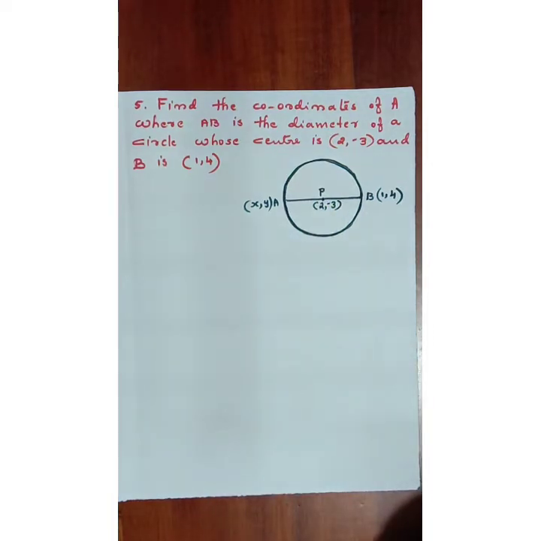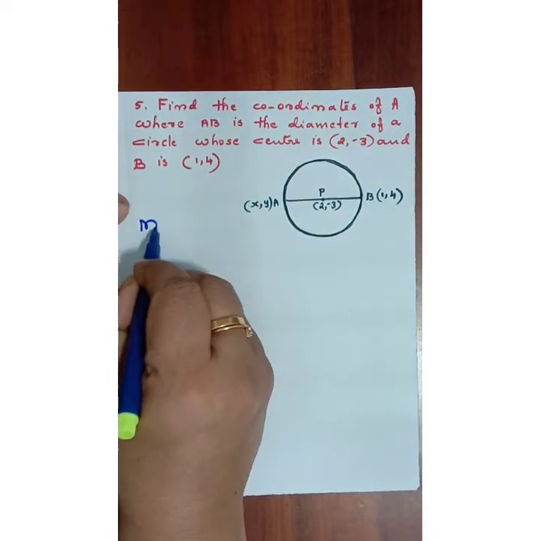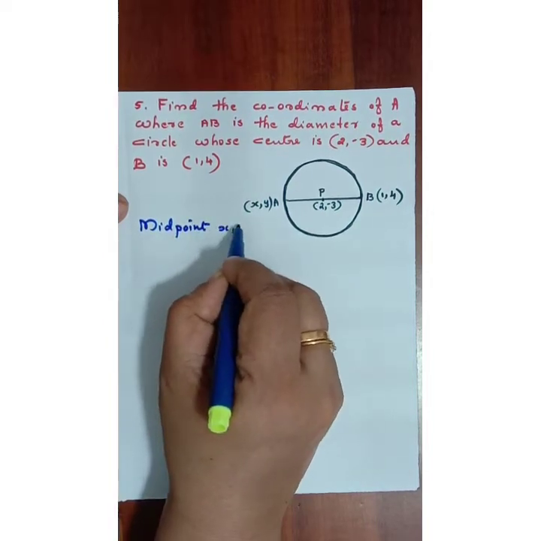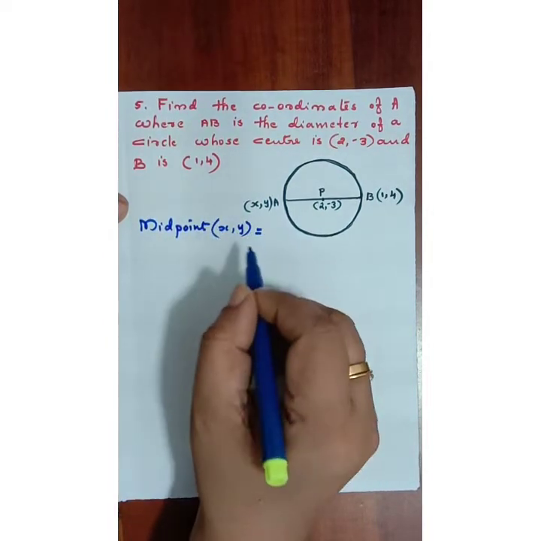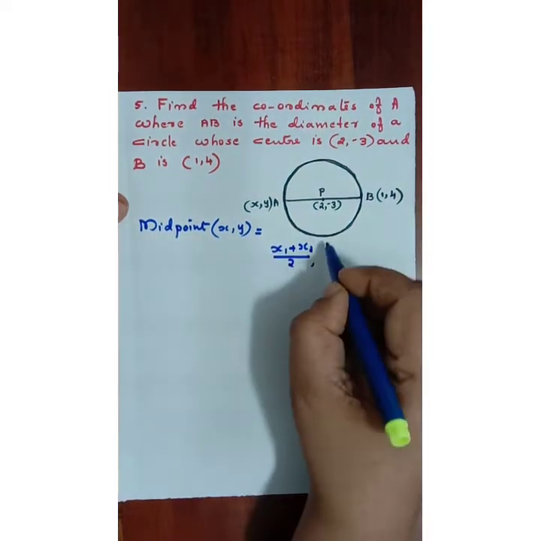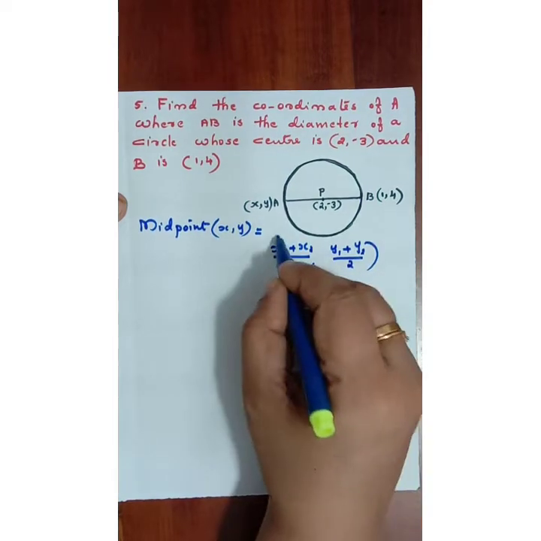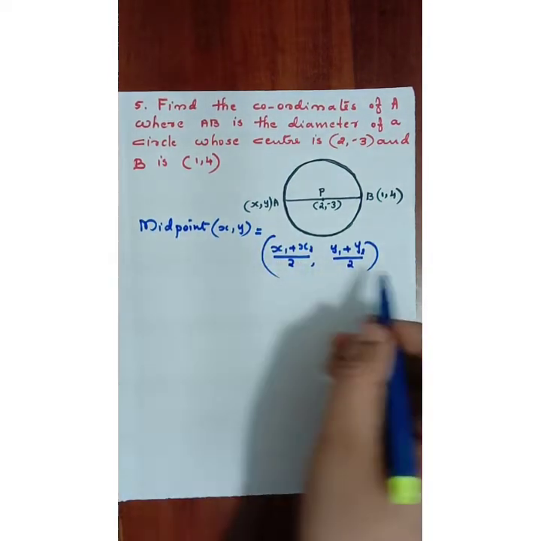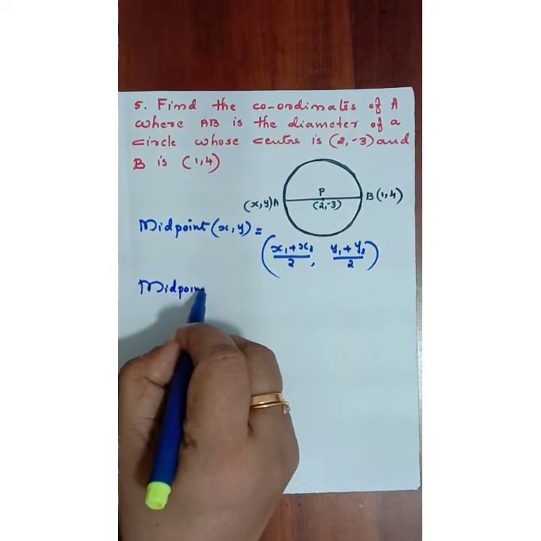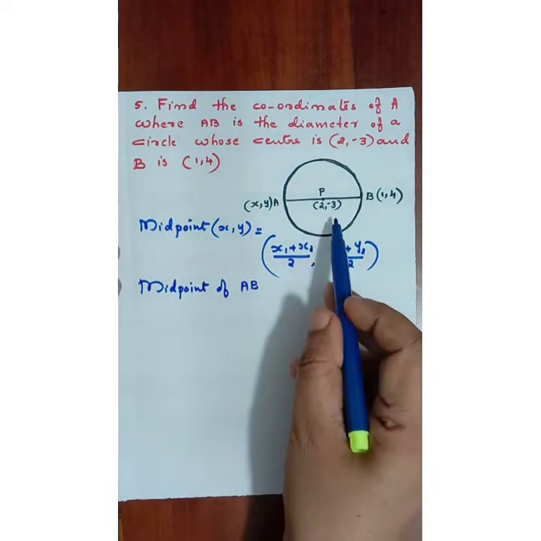So, how do we start? Here, we have to write the midpoint formula first. Midpoint x, y equal to, what is the formula? x1 plus x2 by 2, y1 plus y2 by 2. Okay. So, the midpoint of AB here we are going to find out. What is the midpoint of AB here?